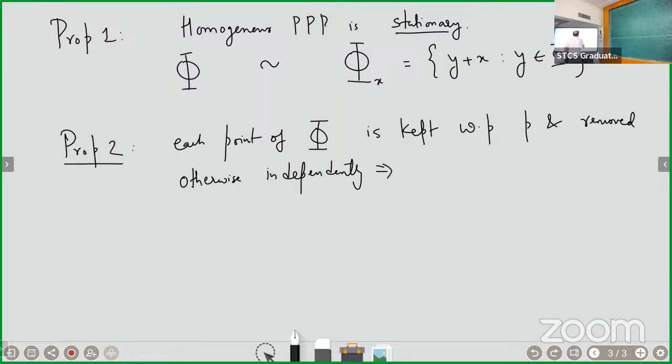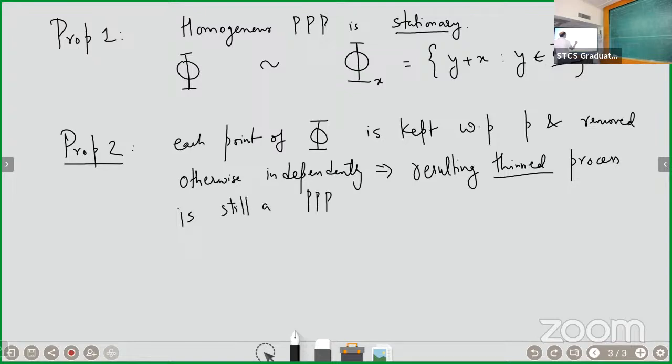The resulting thin process is a Poisson process with thinned density.